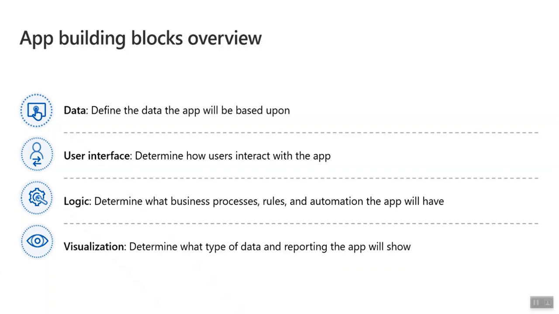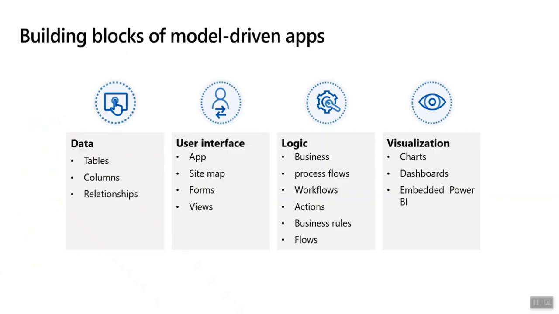So these are the key building blocks when you are thinking about model driven applications: the data, the user interface, the logic, and your visualization. If I break this down further, within data, you will go ahead and create tables, columns, and relationships.